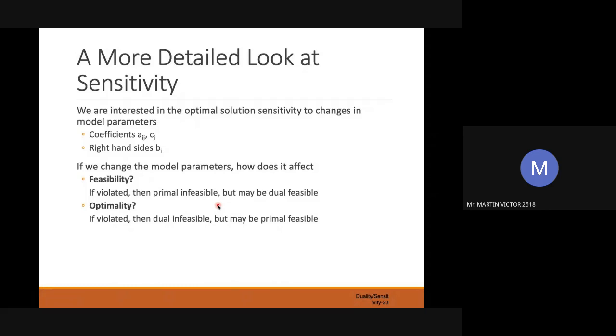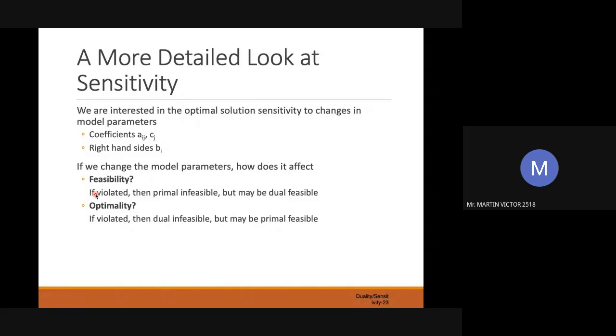And how does it affect optimality? If it is violated, then it is called dual infeasible, but maybe primal feasible. We can come to these situations whenever we are increasing or decreasing the resources, or making changes in the coefficients.